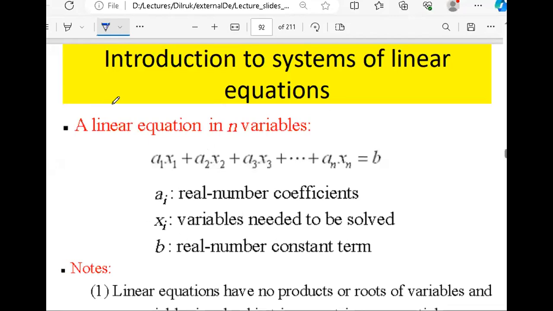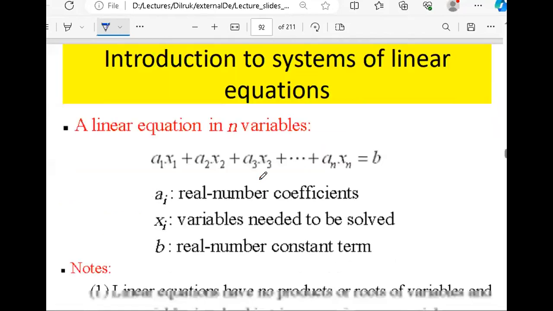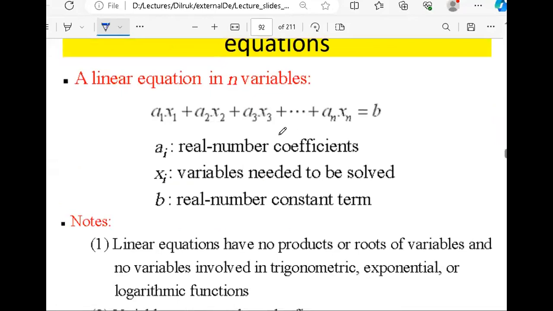So for someone who doesn't know a linear system, let's define a linear system, or linear equation. This consists of n number of unknowns. The xi's are unknowns. How many unknowns are there? 1, 2, 3, up to n. There are n number of variables.